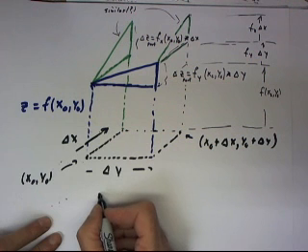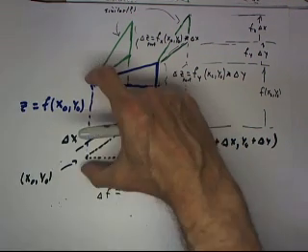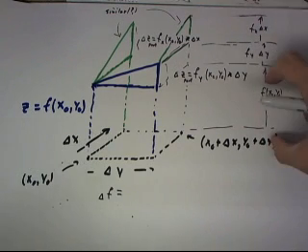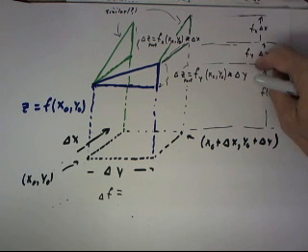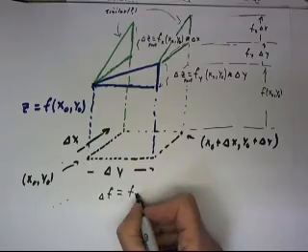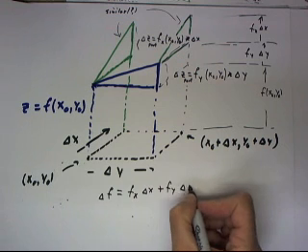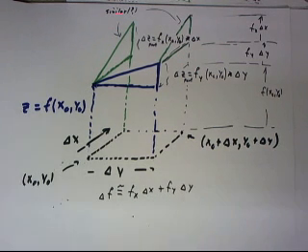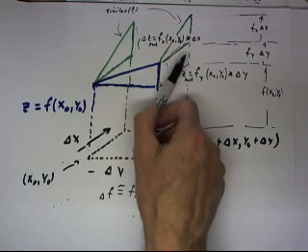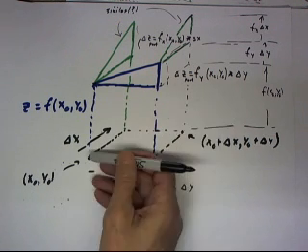And we find that our total change in the function f is from this value, f of x naught, y naught, to the sum of these three values, which is f of x naught, y naught, plus the fy delta y, plus the fx delta x. And our delta f is therefore fx delta x plus fy delta y. Now, that's an approximation. Again, the values of fx don't stay the same as we move from here to here. The values of fy don't stay the same as we move from here back to here.